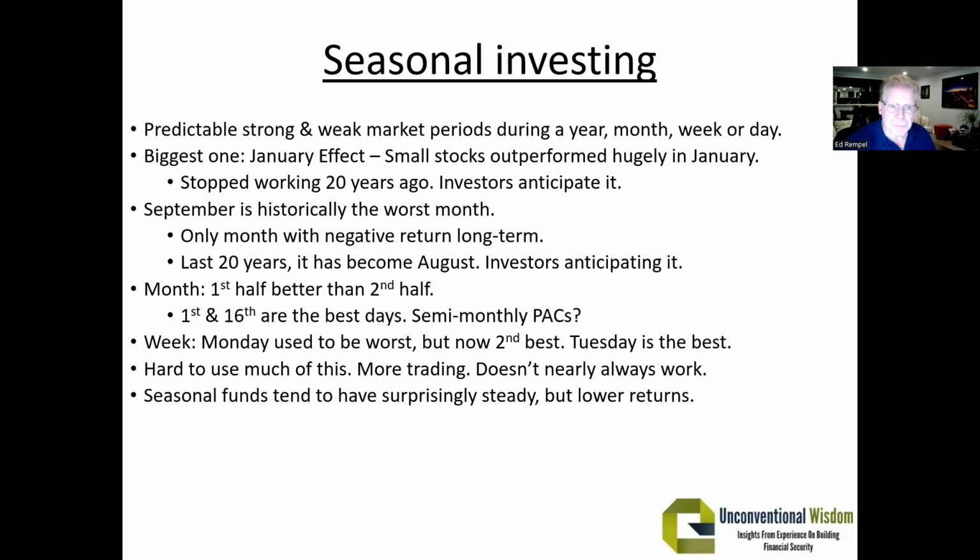Now, September has historically been the worst month, and it's the only month where, if you take all the Septembers over time, you actually have a negative return. Interestingly, in the last 20 years, the worst month has become August. Again, this might be people anticipating, oh, September might be bad, so let's get out ahead of time in August. It may have something to do with winter coming, or people having to pay for their holidays.